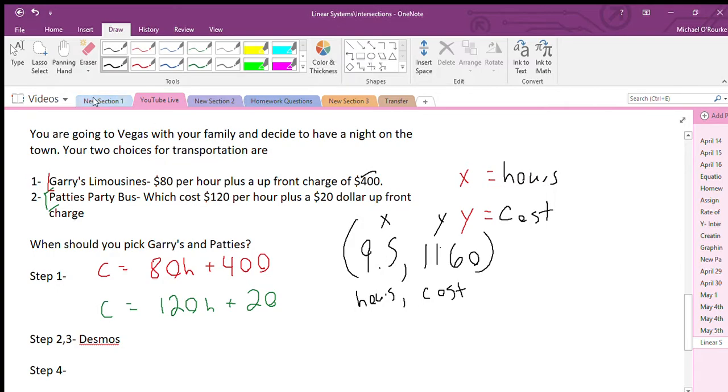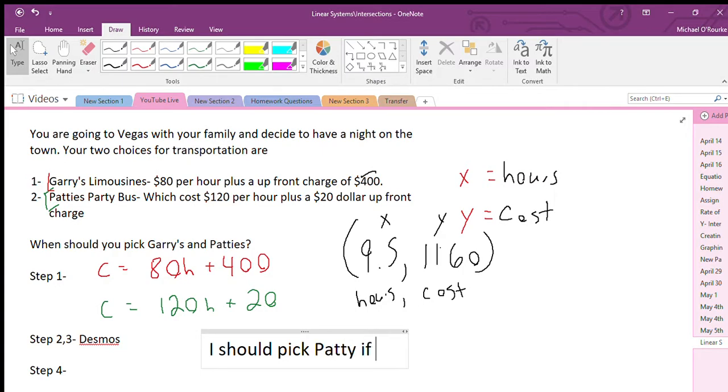So when should you pick Patty and when should you pick Gary? Well, let's do Patty first. She's going to start lower, right?